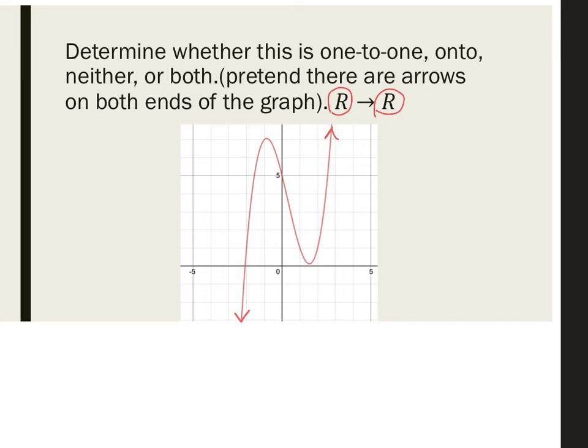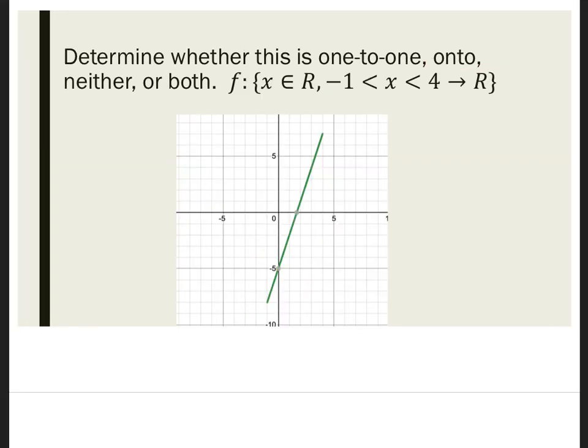But is it onto? Imagine any single real number you could ever imagine, 1,000,000, way up top. Is there some x value that is going to give you an ordered pair with y value 1,000,000? There is. So this is onto, just onto, but not 1 to 1.